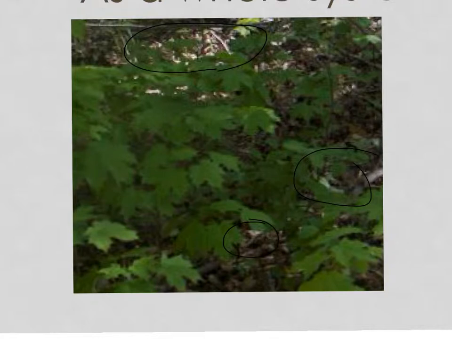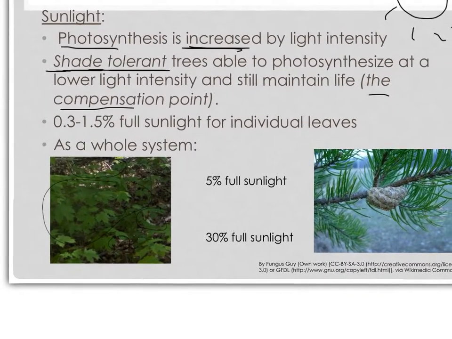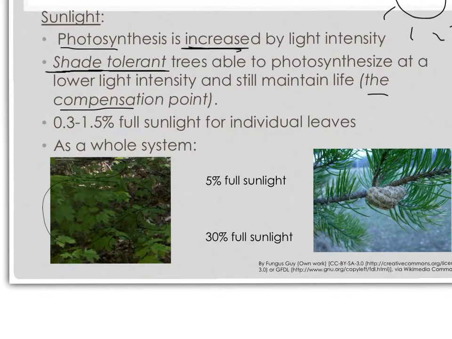But our sugar maples, although they're in the shade, they are quite shade tolerant, so they're able to handle that type of growing situation. Okay, so in that case, maybe 0.3 to 1.5% full sunlight for individual leaves. Okay, but overall, the tree itself is able to survive in about 5% full sunlight. Okay, so that's more of a shade-tolerant species.